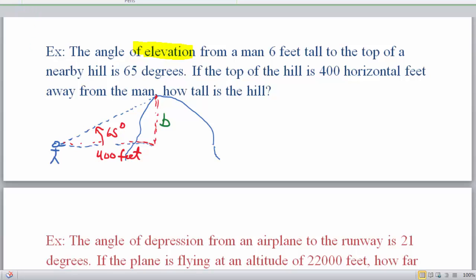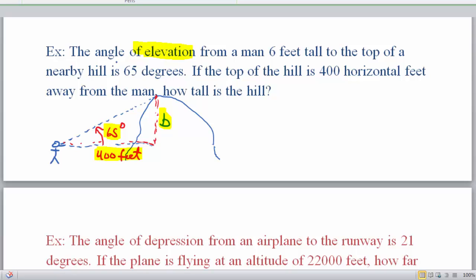And this is just like what we did with solving right triangles. You've got to consider what you're given and what you're trying to find. In this case, I'm given this angle here, and I'm given this side here, which is the adjacent side. And I'm trying to find this side here, which is the opposite side.